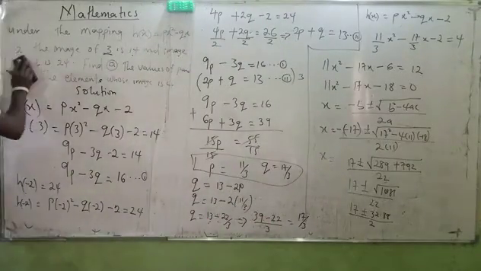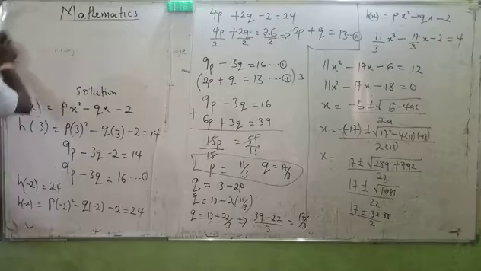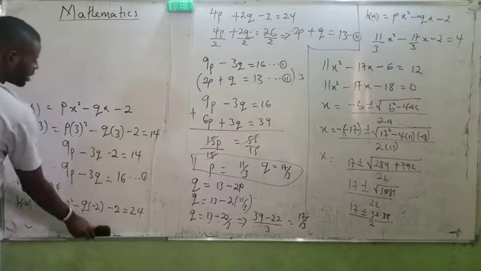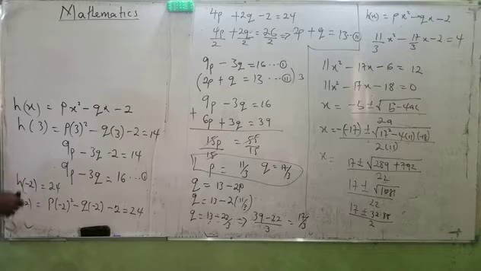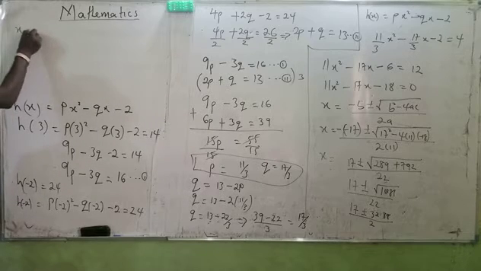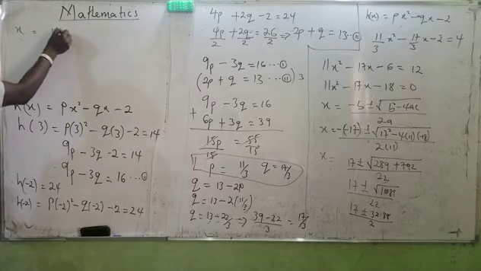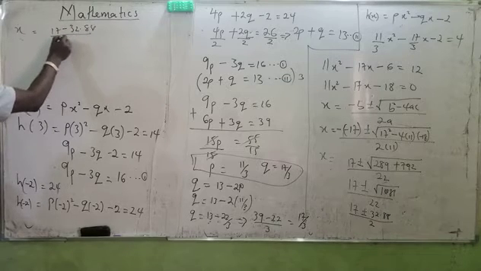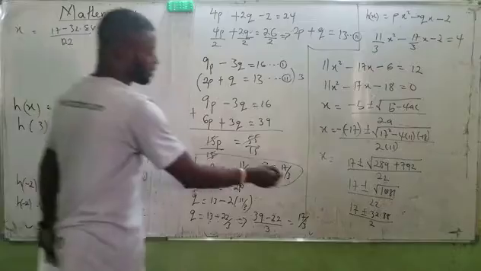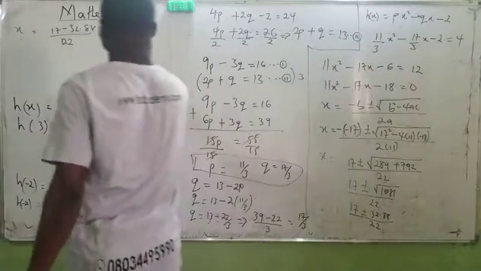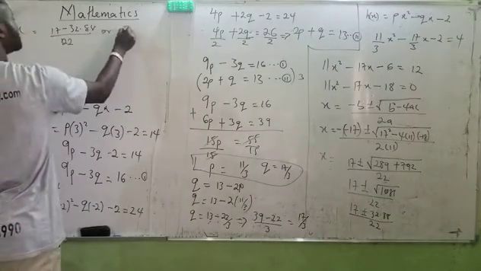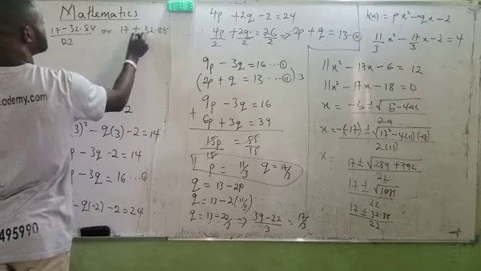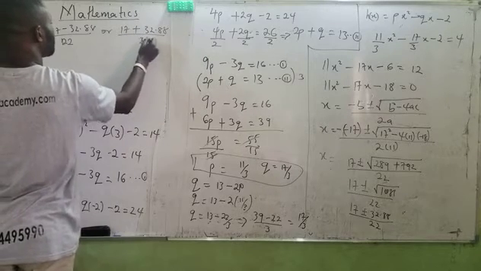By implication, I can now say that x could be equal to 17 minus 32.88 divided by 22, or 17 plus 32.88 divided by 22.